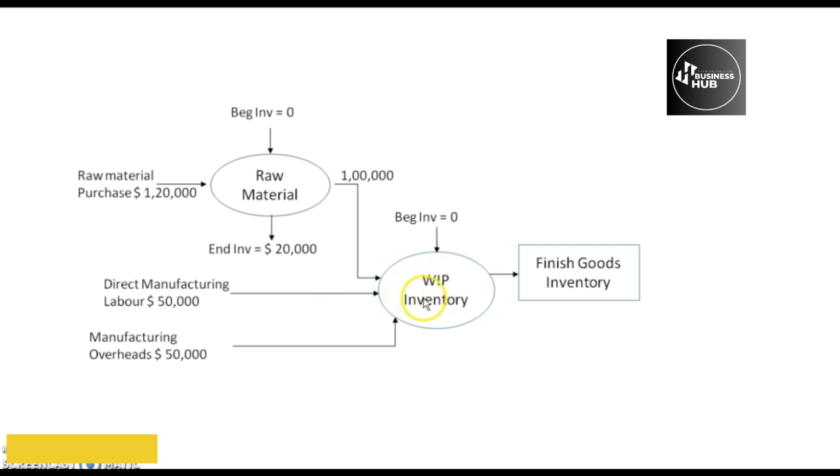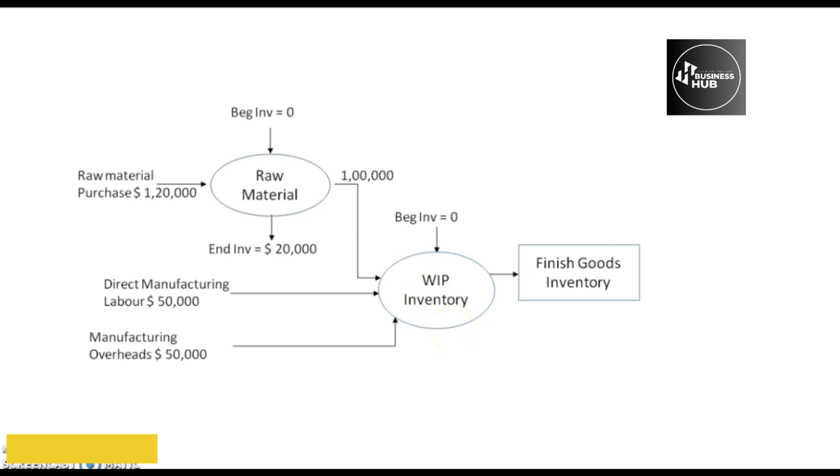Once you are done evaluating the raw material, to evaluate the work in progress inventory, you consider that you have spent around $50,000 in direct labor as well as $50,000 in other overheads. That indicates that at the end of the year, you have $100,000 plus $50,000 plus $50,000, that is $200,000 worth of work in progress inventory.